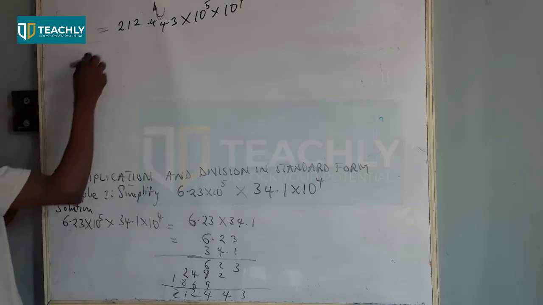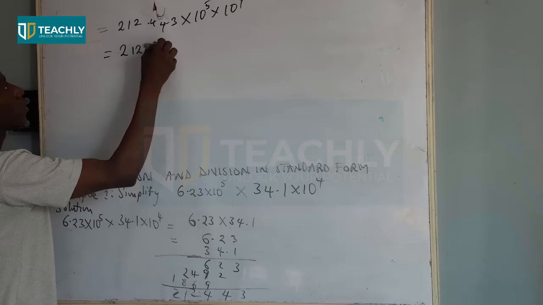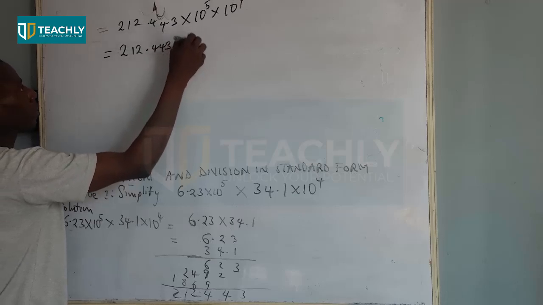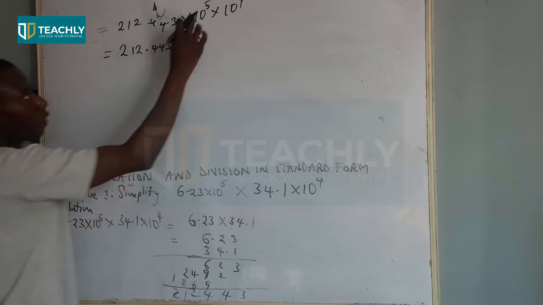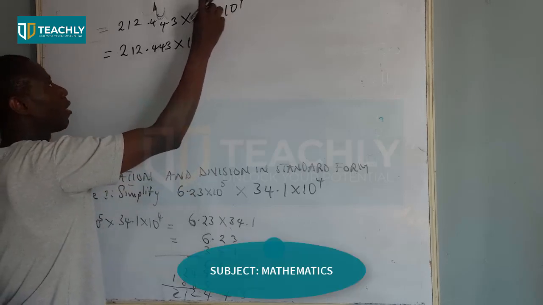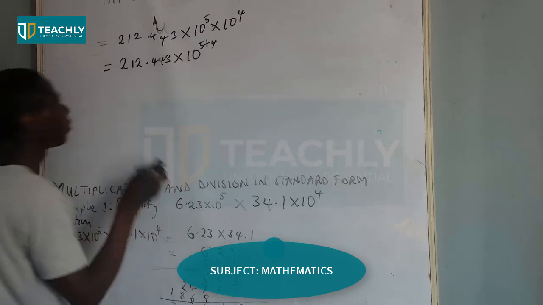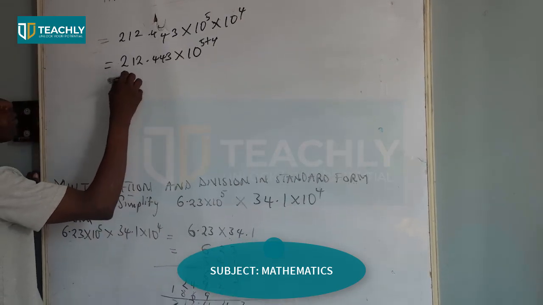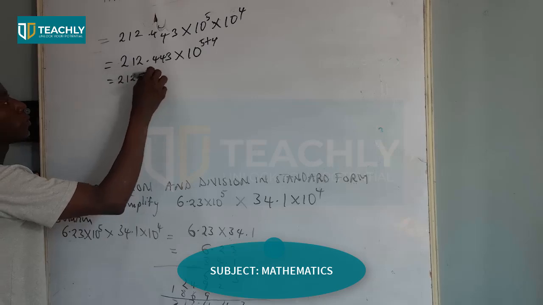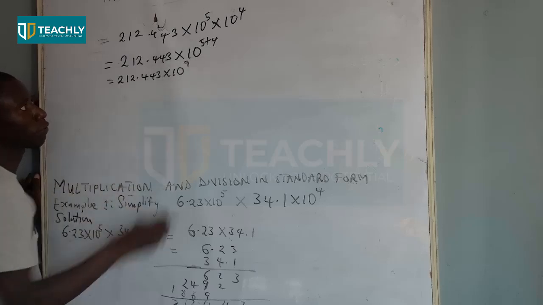So we have 212.443 times 10 power 5 times 10 power 4. If you have 10 and 10, pick 1. Because we have multiplication between them, let's add the powers. That is 10 power 5 plus 4. So it's going to give us 212.443 times 10 power 9.